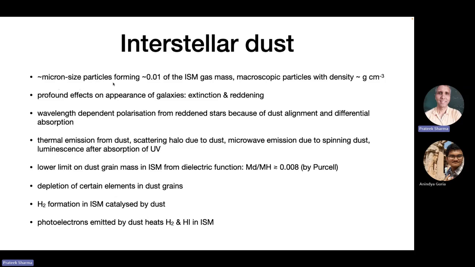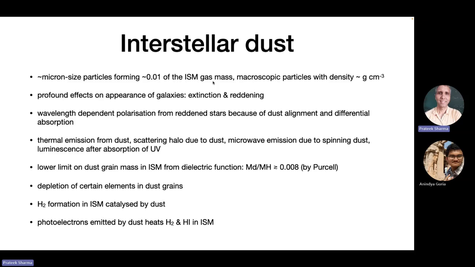These are micron size particles, and they constitute about 0.01, or about 1%, of the mass of the interstellar medium. So by mass, dust is not a major constituent of the interstellar medium. Yet it is very, very important because it affects the radiative properties of galaxies.